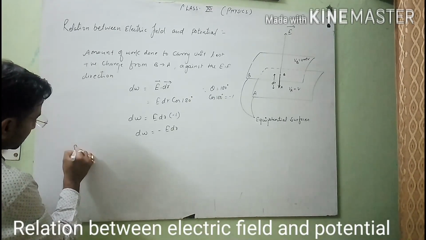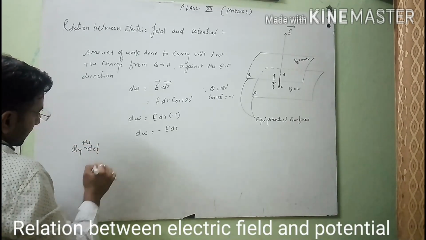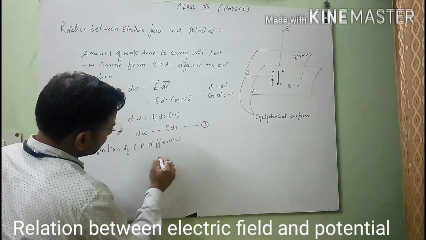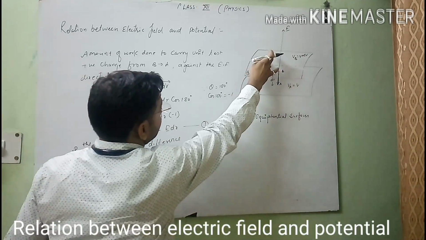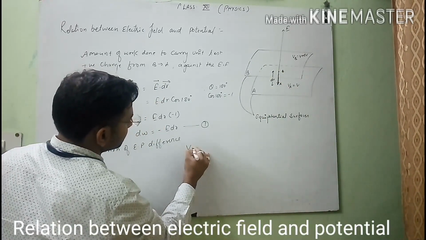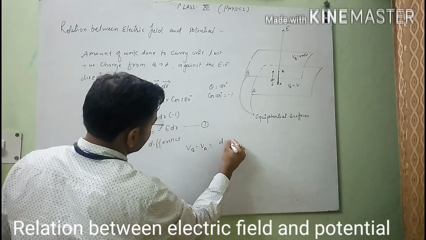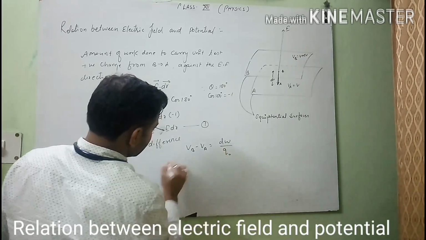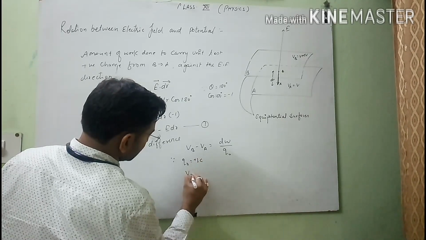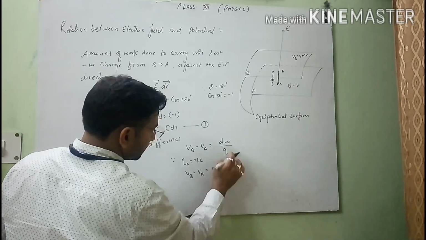So by the definition of electric potential difference, when we carry the charge from B to A, opposite to the direction of the electric field, the potential difference is VB minus VA, which is equal to dW upon Q naught. Since Q naught is 1 coulomb of charge, the potential difference VB minus VA is equal to dW over 1.